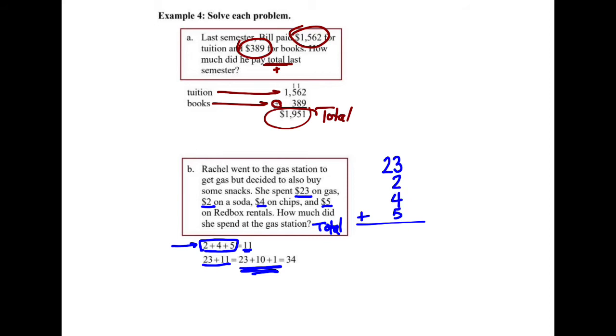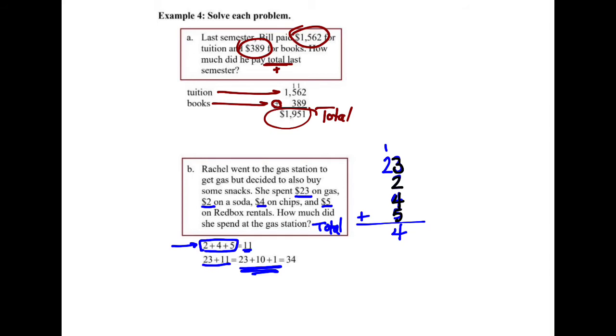Instead of just adding straight down, which you can do, you could go 2 plus 3 is 5, plus 4 is 9, plus 5 is 14. If that works for you, that's great. But what I like to do is group them together to make it easy. So 2 plus 3, or 3 plus 2 is 5. And then add this 5, so that's 10. And then add the 4, gives me 14.